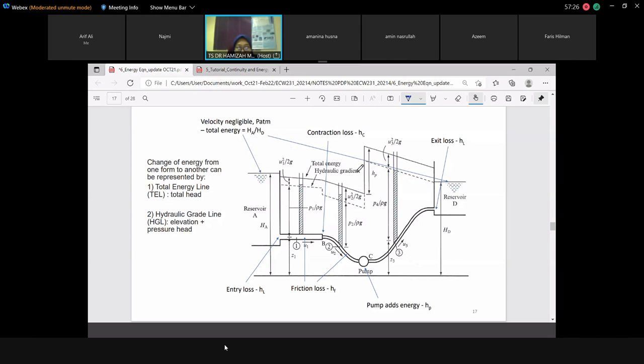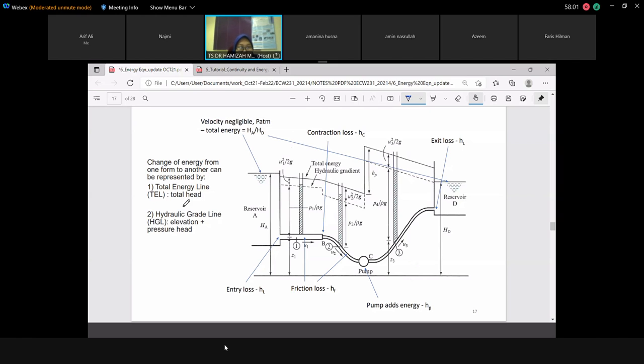So you boleh baca lah daripada sini, point A kepada point B, the energy turun. Kemudian point B kepada C turun lagi. Okay, this is the graph how you understand on the energy. Energy decreasing ataupun energy increasing.